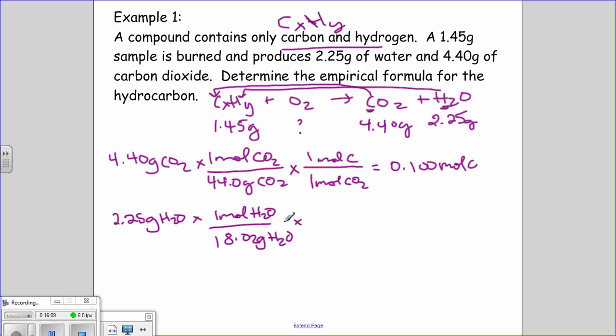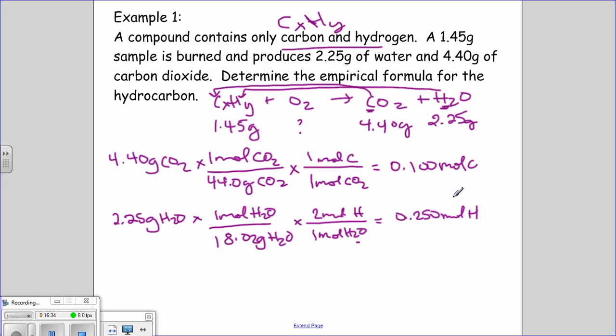And now I need to get to moles of H. So 1 mole of water has 2 moles of hydrogen in it because of the 2 right here on the subscript. This is going to give me 0.250 moles of hydrogen.